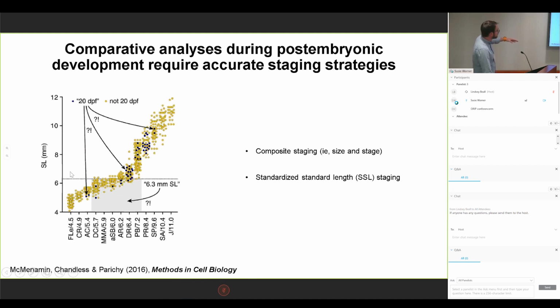So there were massively different sizes, ranging from 5 millimeters in length to 10 millimeters in length, and they also encompass this huge developmental range as well.